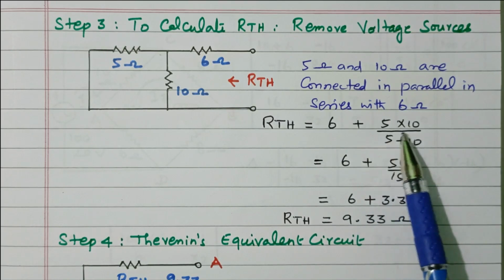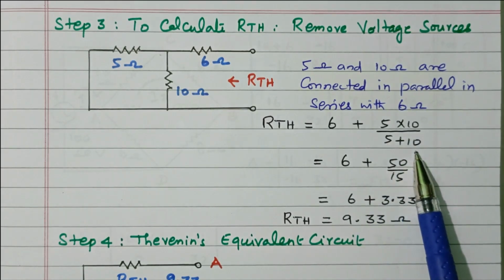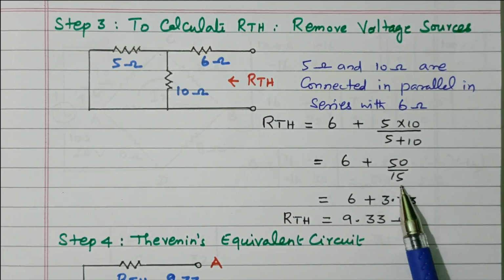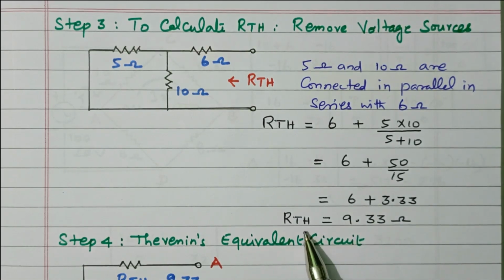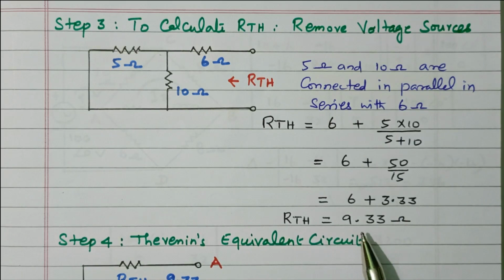So 6 plus 5 into 10 divided by 5 plus 10. 5 into 10 is 50, 5 plus 10 is 15. So 50 divided by 15. So 6 plus 3.33 is 9.33 ohm. So R Thevenin, the resistance across AB by removing all the sources, RAB equal to RTH equal to 9.33 ohm.